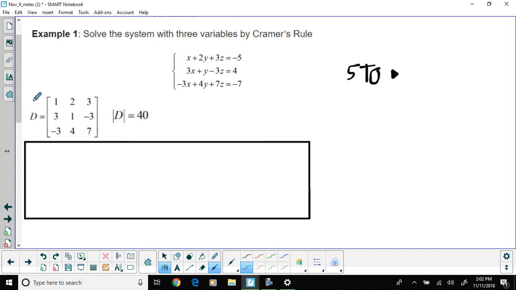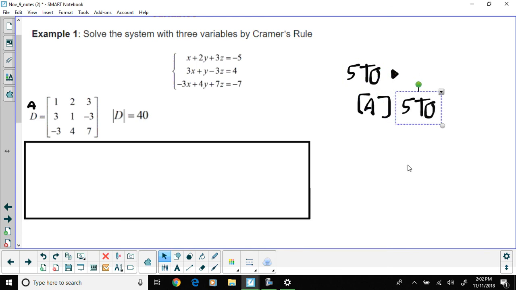If this is my A matrix, I would make it say A, then I hit this store button, and then I would grab a different name, say B. When I hit enter, it'll store that matrix A as matrix B.